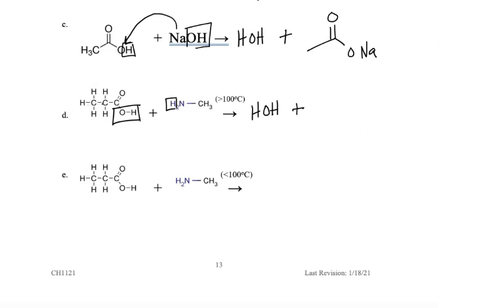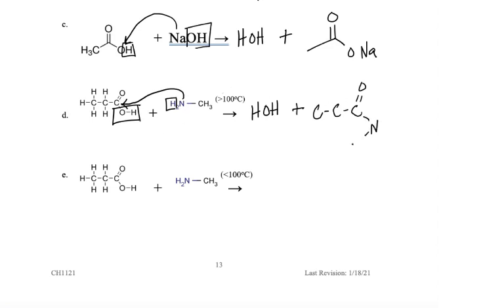So this first acid is 1, 2, 3 carbons long. 1, 2, 3. A double bond O. The OH is gone. That nitrogen has lost one hydrogen, so it's missing a bond. It's going to attach itself to the carbon where the OH has left.